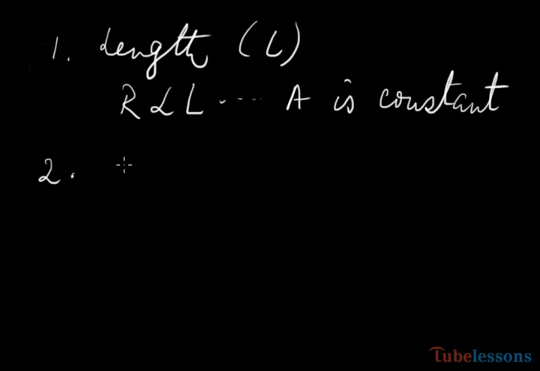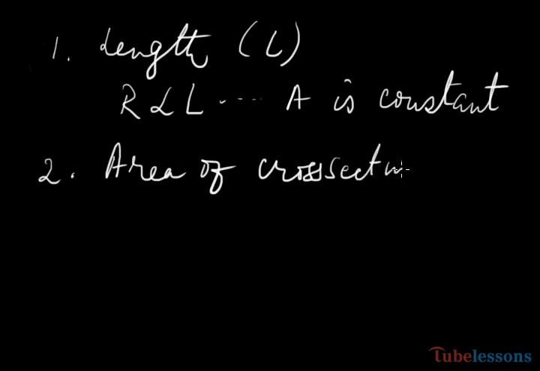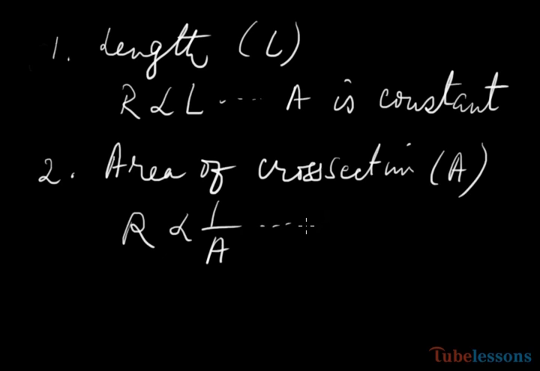Then the second factor is area of cross section, that is A, and resistance is inversely proportional to the area of cross section, when length is constant, remaining the length unchanged.